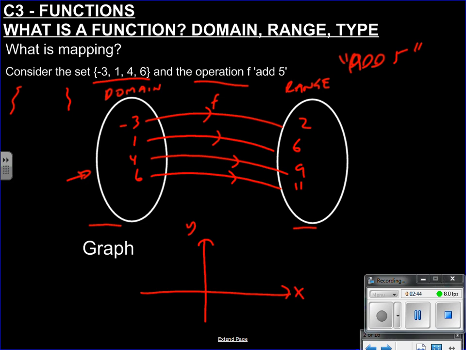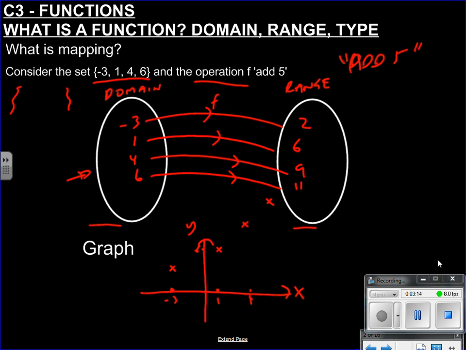So this is our y and this is our x, right? And he said, I think it'd be better to represent it this way, and that way we can see patterns. If x is -3, I get a corresponding y value of 2. If x is 1, I have a corresponding y value of 6, so I put a cross there. If I have 4, I get a corresponding y value of 9, and then somewhere like that for 11.